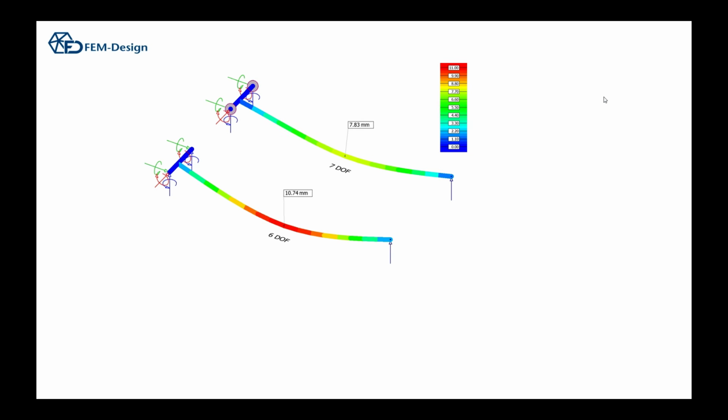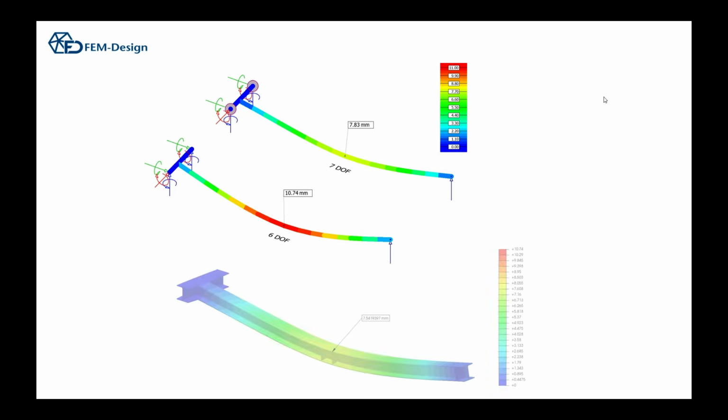Then we calculate the deformations, and we can see that the deformations are a bit less with the 7 degree of freedom beam model. If we compare the deformations with the reality, which is the solid finite element model here, we can see that the 7 degree of freedom beam model is actually much closer to reality.